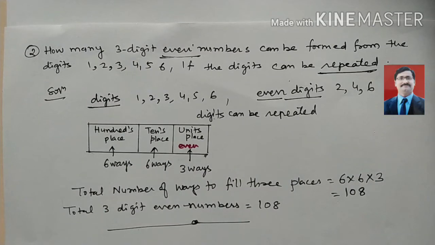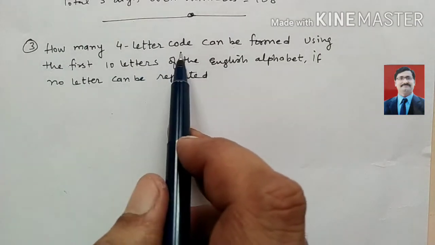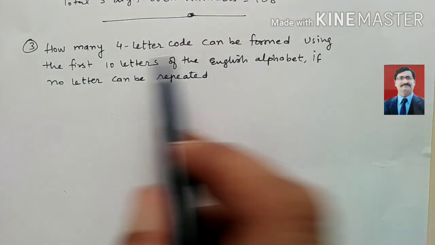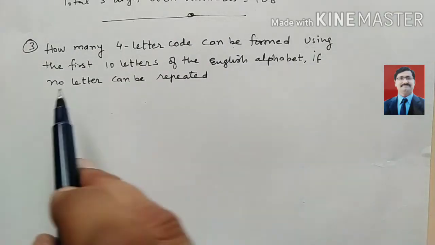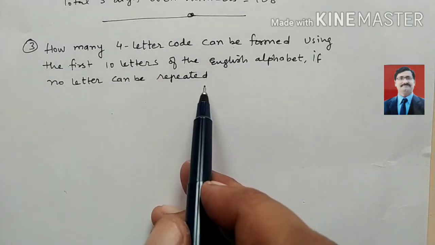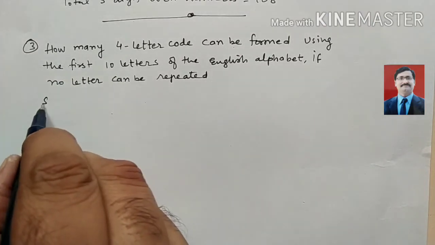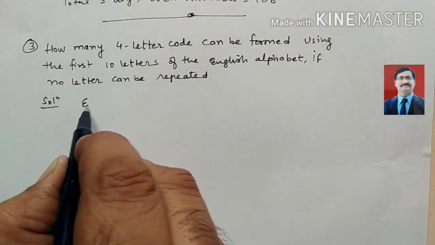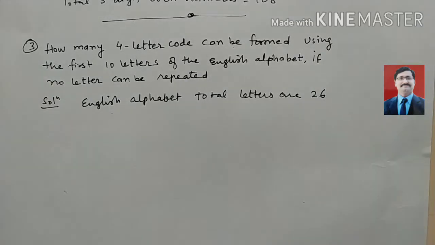This is a very important question. How many 4-letter codes can be formed using the first 10 letters of the English alphabet if no letter can be repeated? Here no repetition is given. And in the English alphabet, total letters are 26.